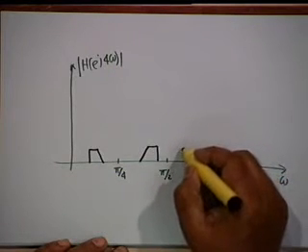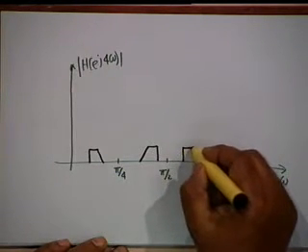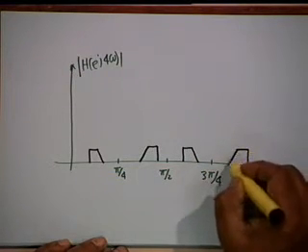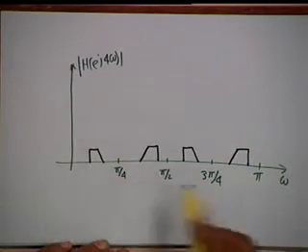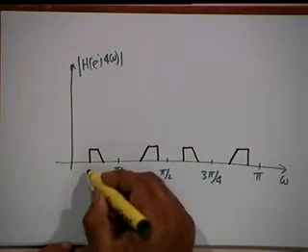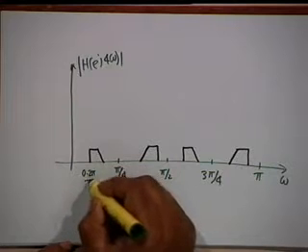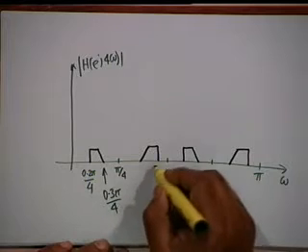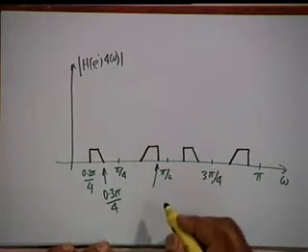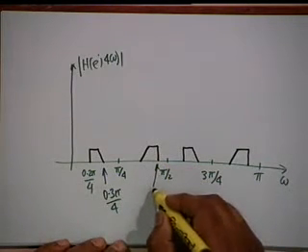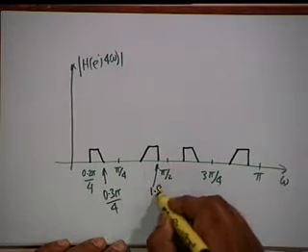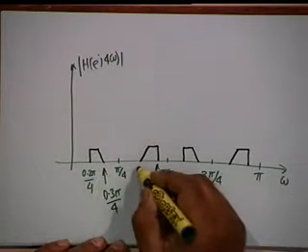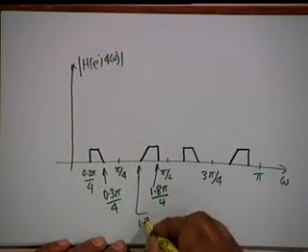Similarly here and here between 3 pi by 4 and pi, and these ordinates shall be 0.2 pi by 4, 0.3 pi by 4, this would be 1.8 pi by 4, 0.2 pi, so, and this shall be 1.7 pi by 4.